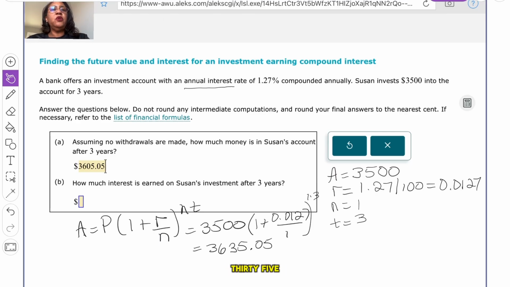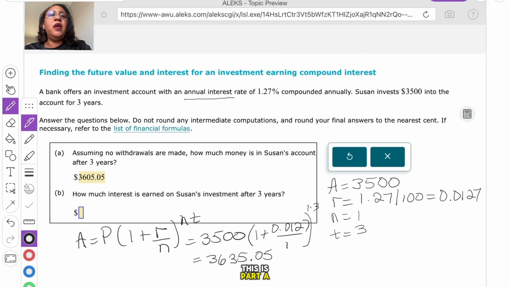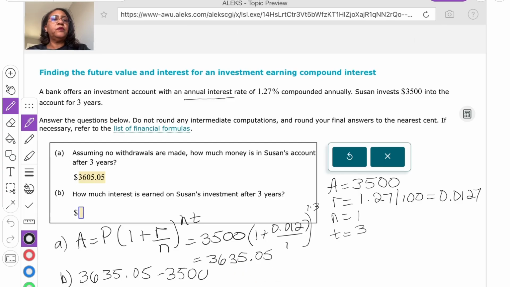Well, we just do 3,500. So part B, sorry, this is part A. So part B would be the 36, oops, I typed 3605 and it's 3635. Okay, I'm gonna fix that. So 3635.05 minus 3,500. And we don't really need a calculator for that. You see that that's $135.05.